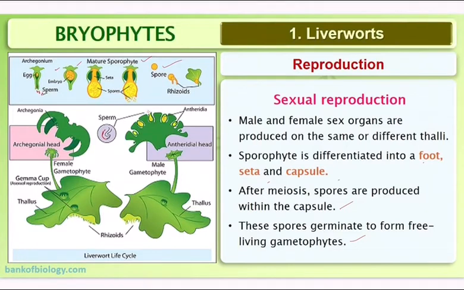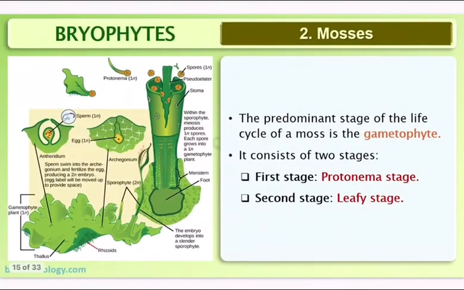So you can see here the fertilization, formation of zygote, development of embryo, formation of sporophyte, and release of spores, and the spores will germinate. And once germinated, you can see the development of thallus, rhizoids, male gametophyte as well as female, antheridia as well as archegonia.